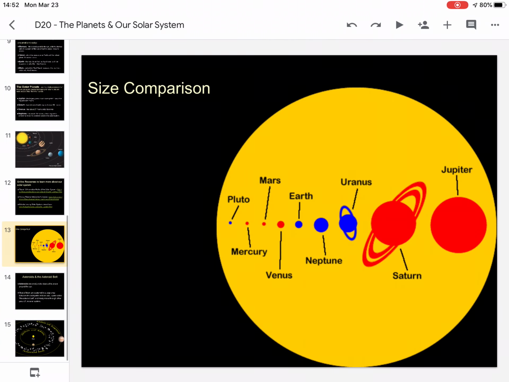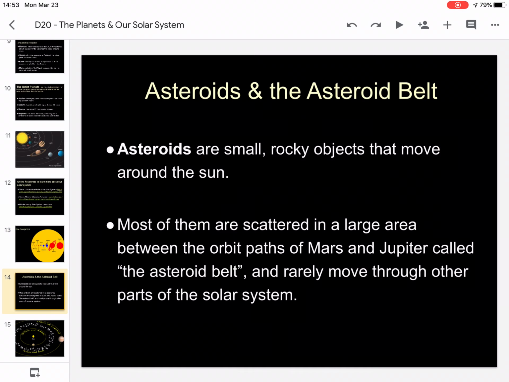So, here are the planets in the relative size comparisons. Okay. So we have Pluto, Mercury, Mars, Venus, and then Earth. Just so you know, that sun should be a lot bigger, but the sun, we can fit about 3 million Earths inside the sun. Okay, so the sun is really large, but that gives you a basic idea of what it looks like. But let's talk about this asteroid belt.